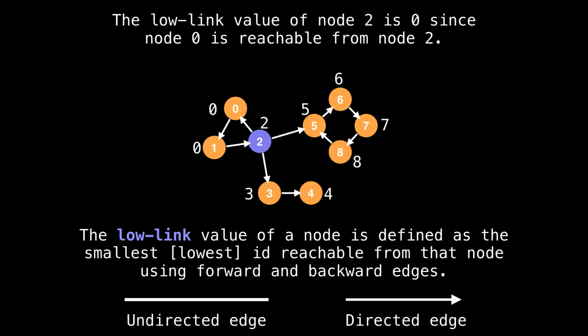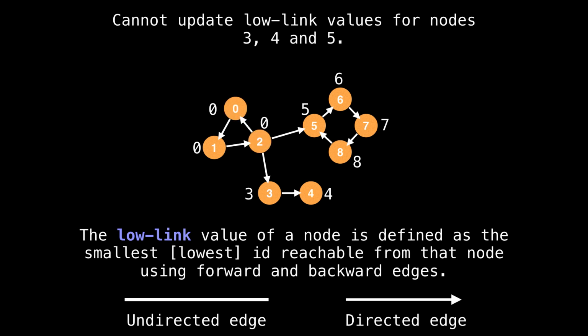Similarly, node 2's low-link value should also be 0, because from node 2 to node 0, there exists a path. However, nodes 3, 4, and 5 are already at their optimal low-link value because there's no other node they can reach with a lower ID.